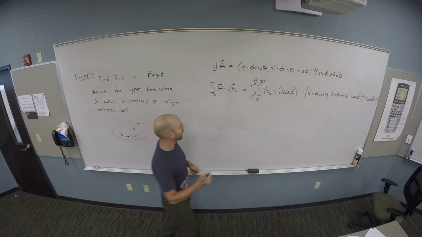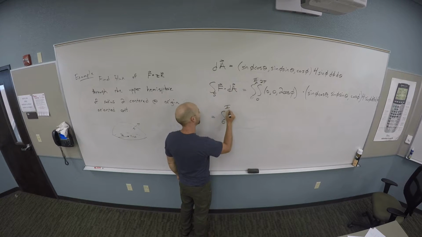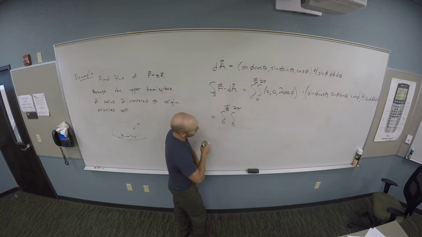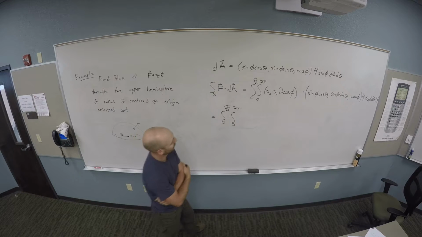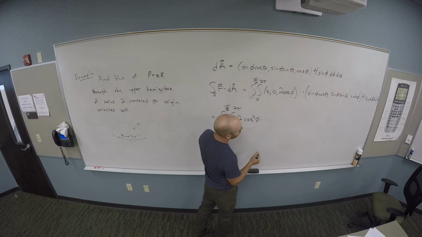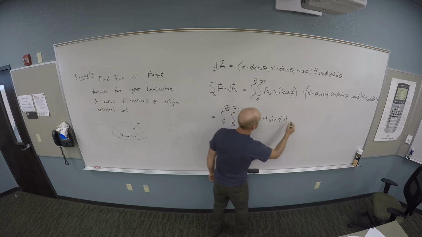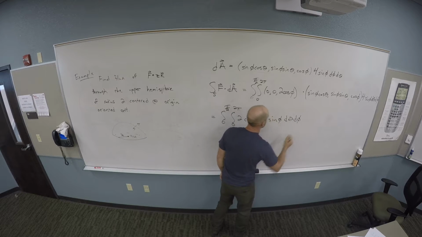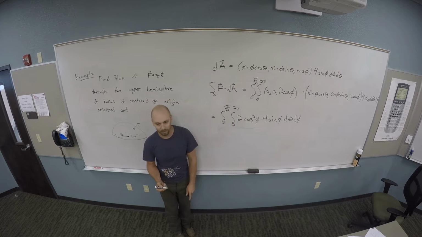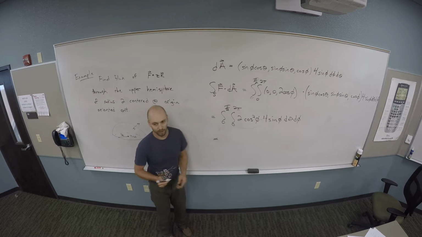Alright, so I get out of this the integral from 0 to pi over 2, the integral from 0 to 2 pi of 2 cosine squared phi times 4 sine phi d theta d phi. Okay, so some of that can come out. What all can come out?